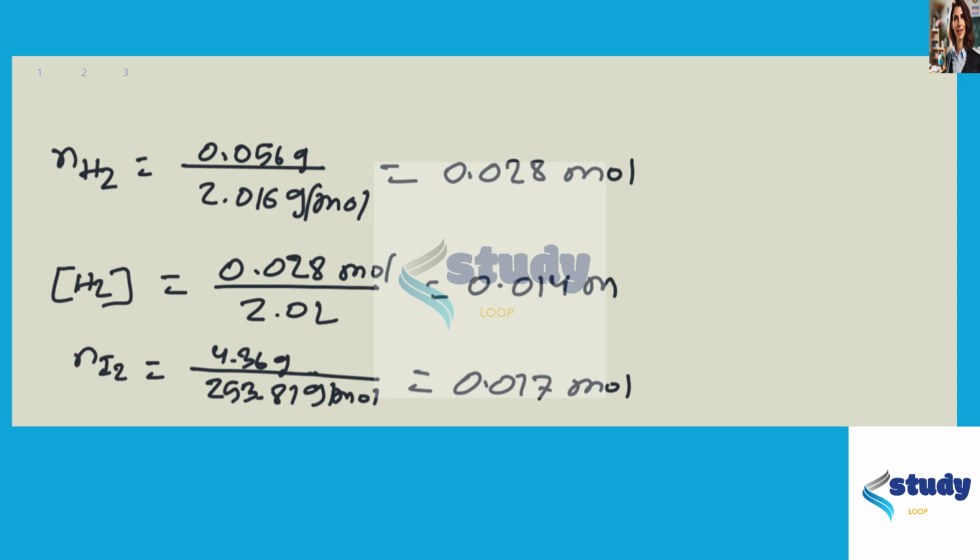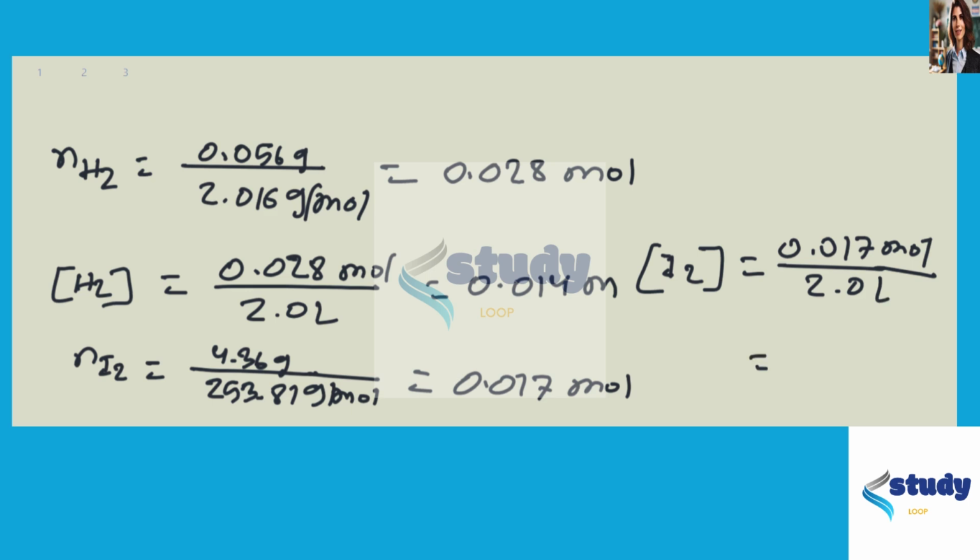Similarly, we find the concentration of iodine by dividing this number of moles by the volume of the reaction vessel, 2 liter, and this gives the equilibrium concentration of iodine, which is 0.008 mole per liter, or molar.